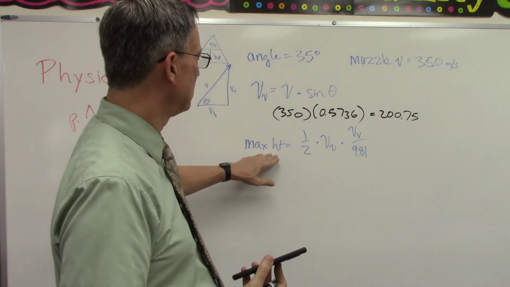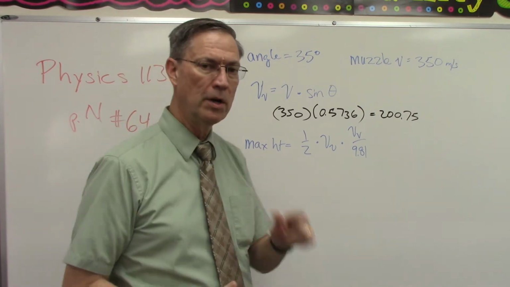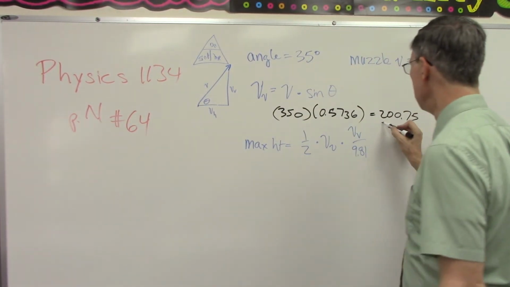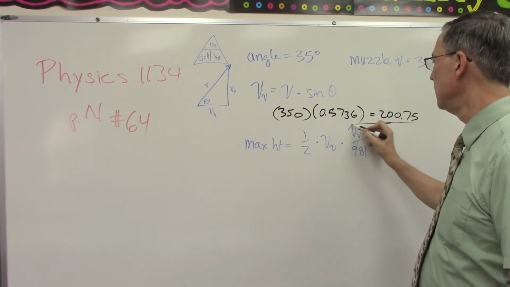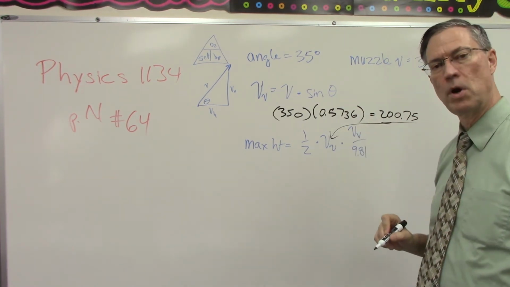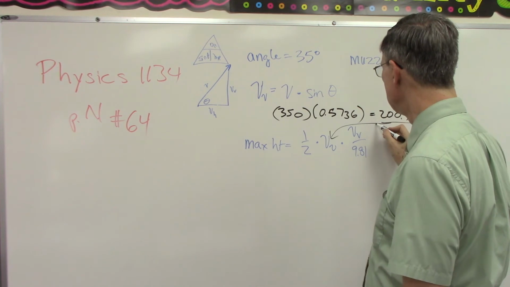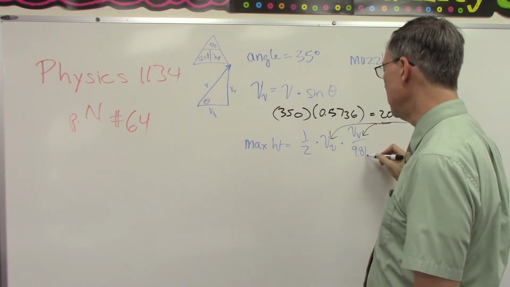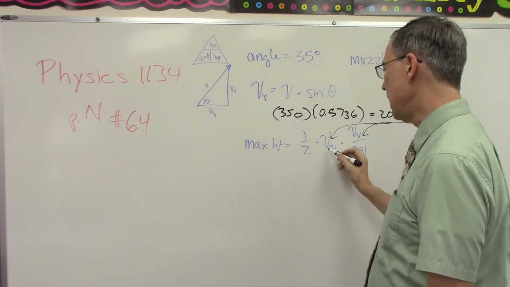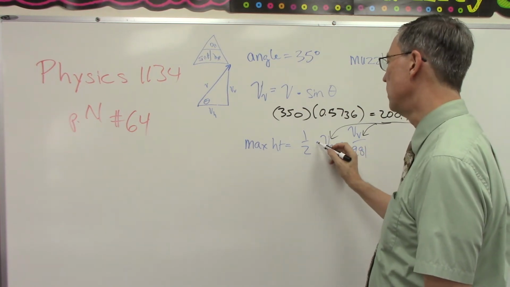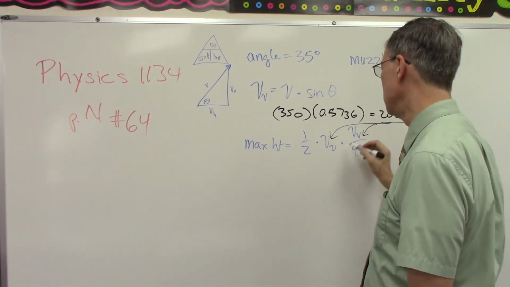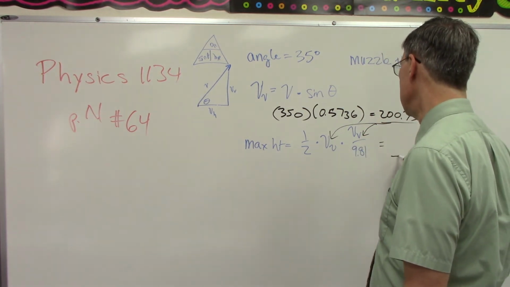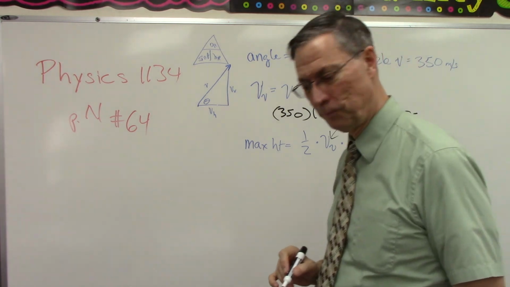Then to find the maximum height, and here I want you to do this last step yourself, okay? Because we're going to take this number and plug it in here, all right? And plug it in up here. So we're going to take the 200.75 divided by 9.81 and multiply 1/2 times that vertical velocity times the answer to this, and that will give you a big number, okay?